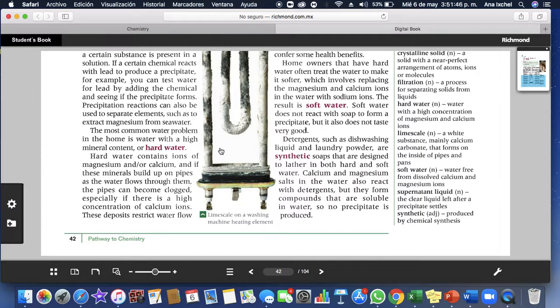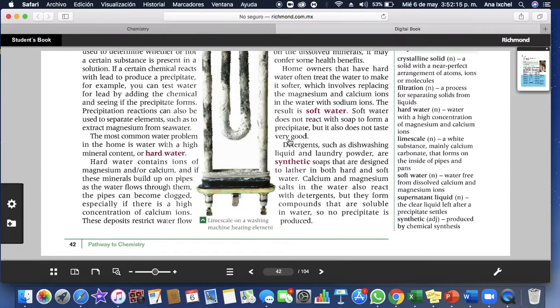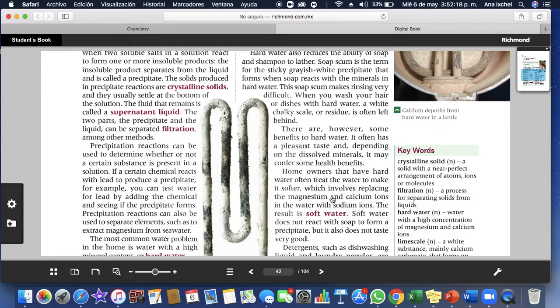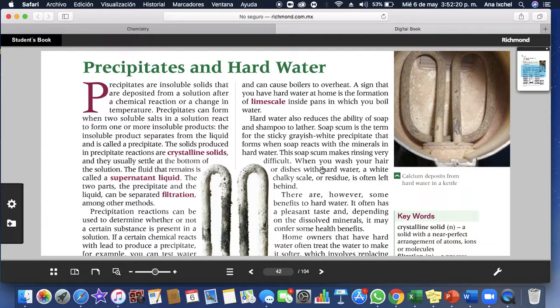Hard water contains ions of magnesium and/or calcium, and if these minerals build up on pipes and the water flows through them, the pipes can become clogged, especially if there is a high concentration of calcium ions. These deposits restrict water flow and can cause boilers to overheat.